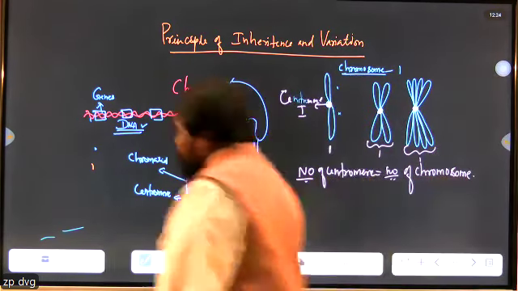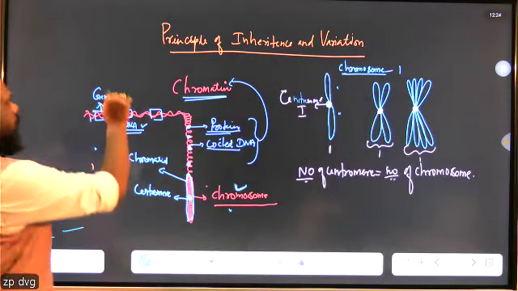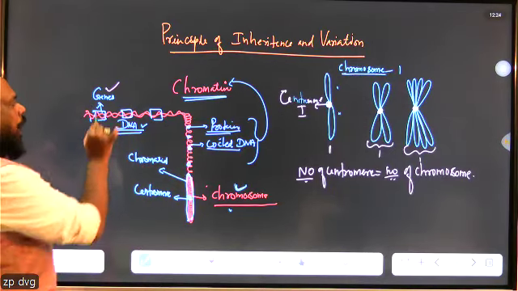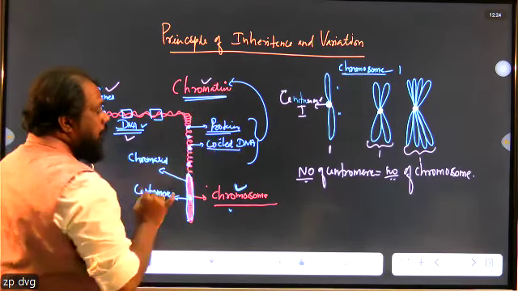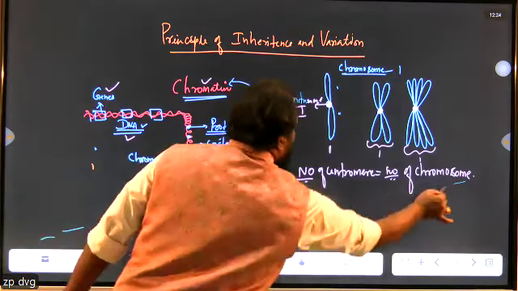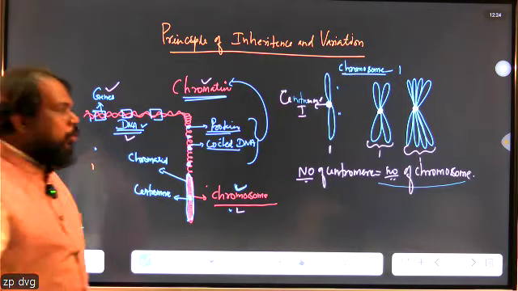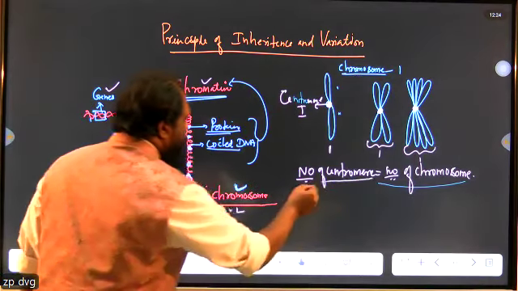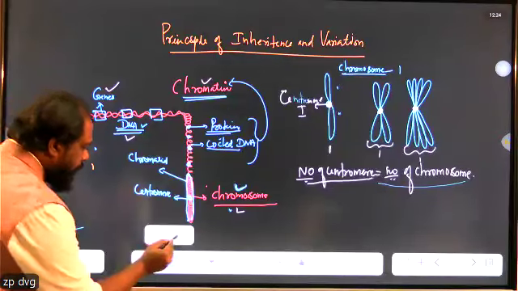Okay, you have to understand this. So we discussed what is a gene and where the gene is present in the DNA, what is a chromatin and what is a chromosome, and how to find out the number of chromosomes. How will you find out the number of chromosomes? The number of chromosomes is equal to the number of centromeres. Clear? Can we go to the next one?